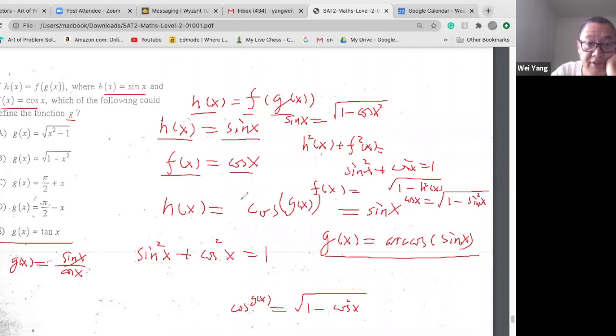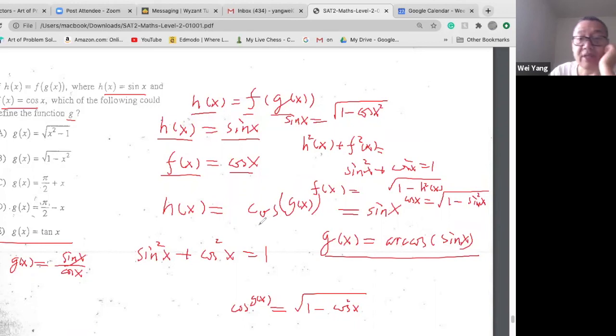So f(gx) will be cosine gx, which equals hx, and hx equals sin x.